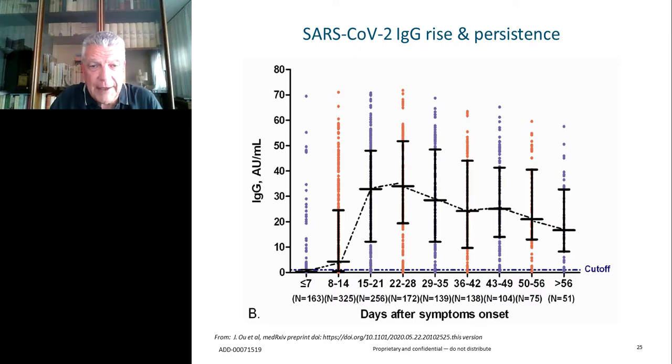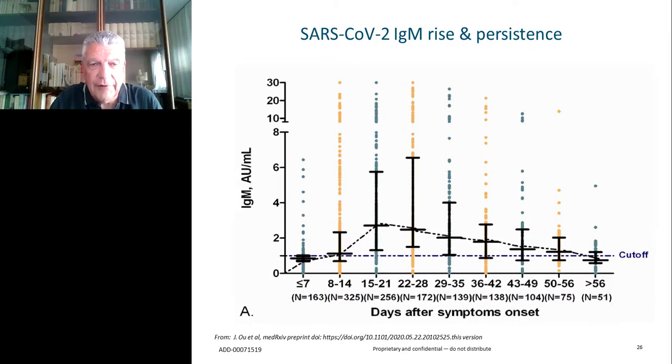But if you go to the IgM in the same cohort, first of all, we note that the levels are much more variable. And second, when you reach this point, that is 56 days after the onset, almost 2 full months after, the IgM levels are usually not detectable. You have exceptions, but on average, the IgM wanes out. It is not readily detectable.